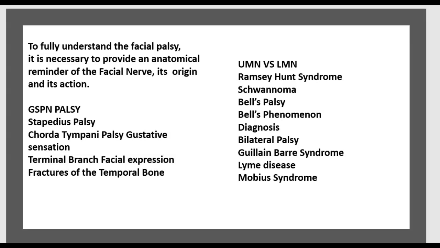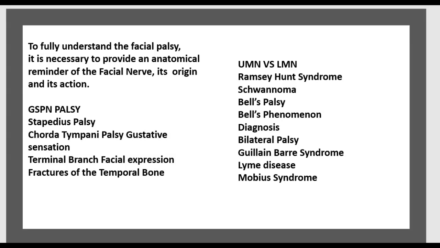Let's start. Today's topic is about Bell's palsy. To fully understand facial palsy, it is necessary to provide an anatomic reminder of the facial nerve, its origin and its section.